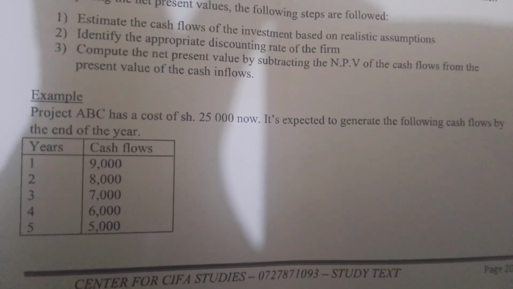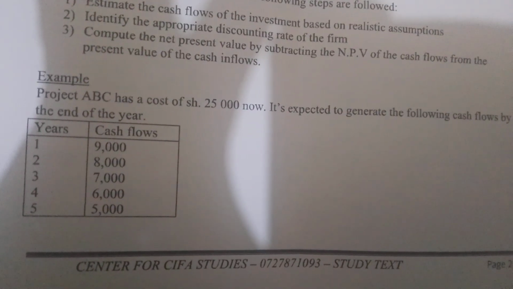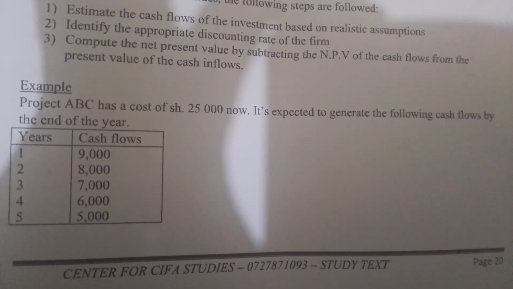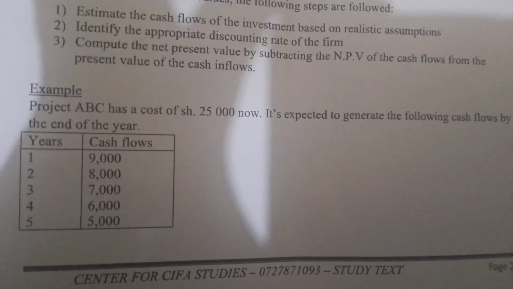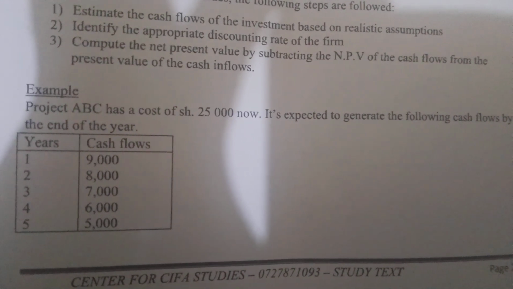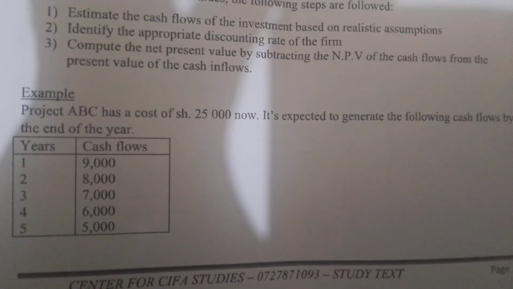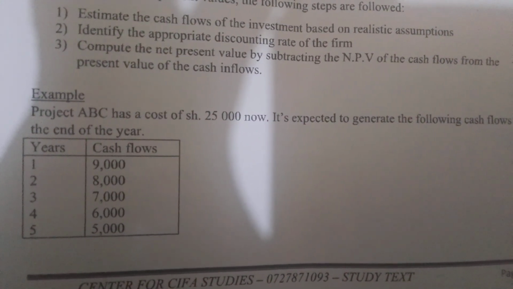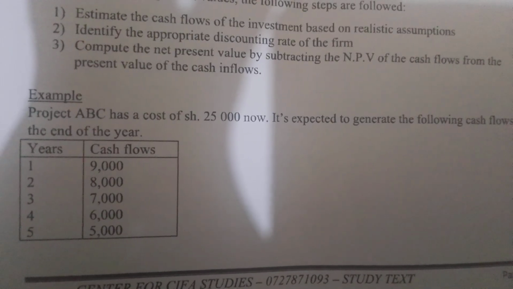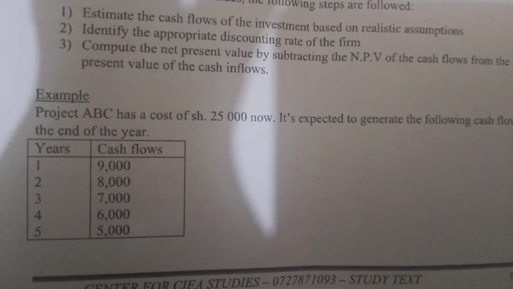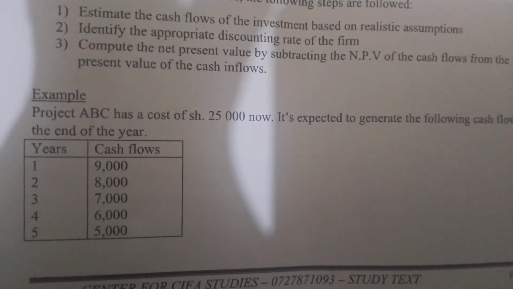Once we have computed that particular column, you'll be taking just 1 plus the rate, that's the cost of capital, maybe 10% or 20%, then you raise that figure, what will be in the brackets, by negative n.